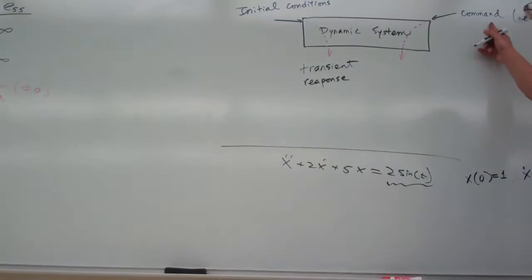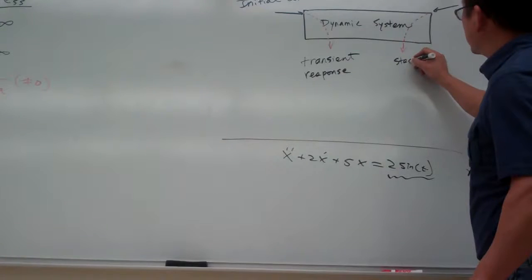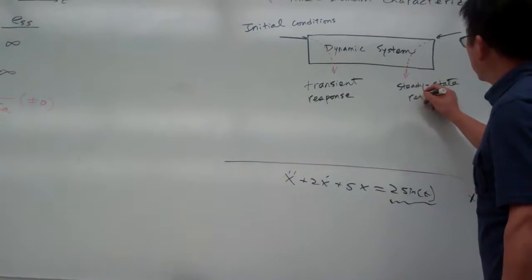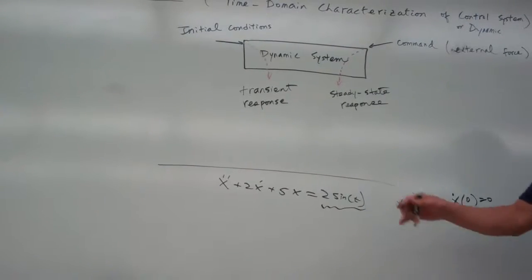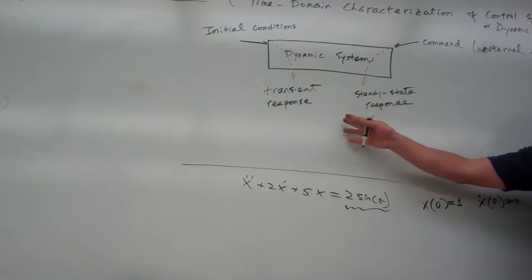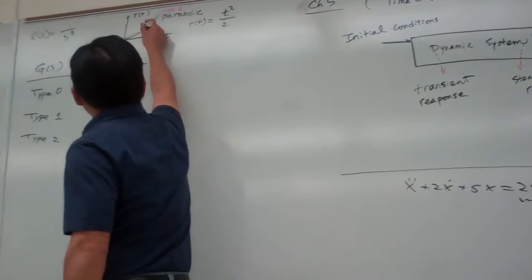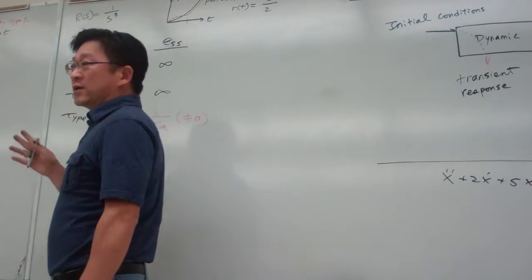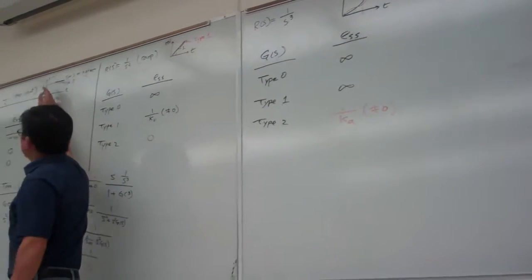The command or the force excitation will come up with the steady state response. The transient response only happens during the transient time, just like what I'm drawing here. So those are the transient response. Eventually, the transient response will be gone.